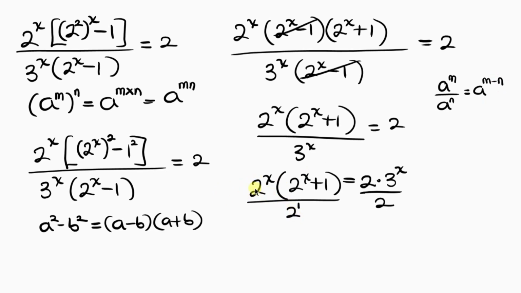You notice that the bases are the same, so I take one of the base, 2, and subtract the powers, x minus 1. And this is 2 to the x plus 1 equal to, now 2 here cancels out this 2, leaving behind 3 to the x. Let's continue.